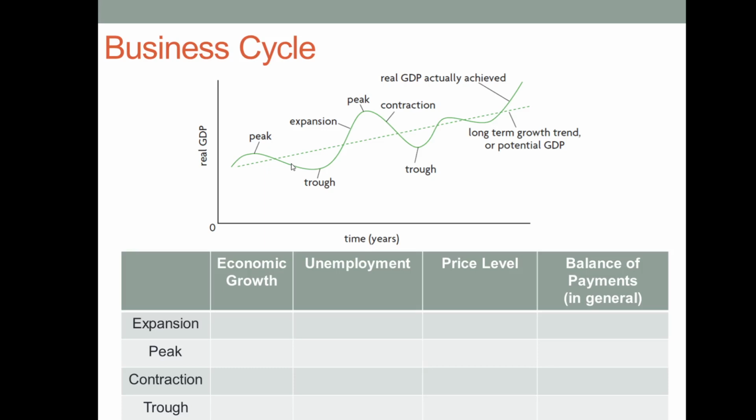Clear, right? And you can see this cycle here. Because of that logic in economic growth, we believe that the fluctuation you are seeing in this business cycle is mainly caused by the change of aggregate demand.